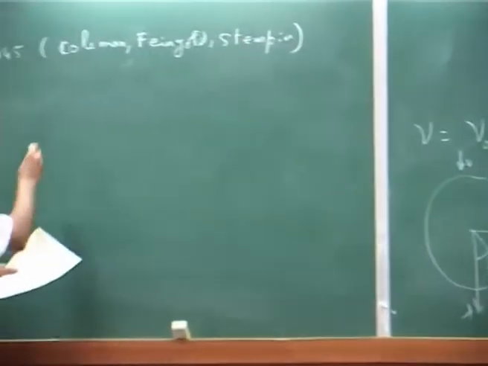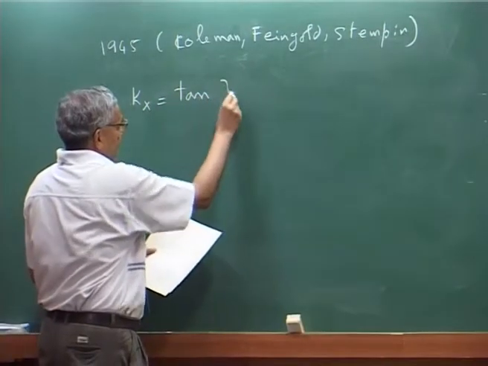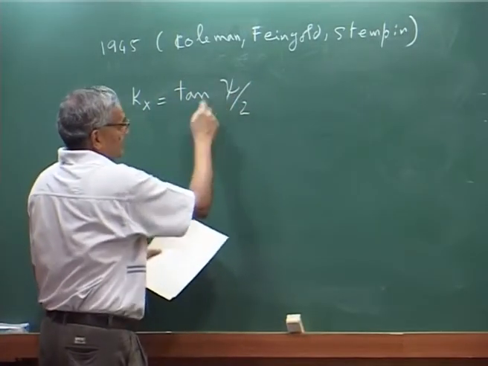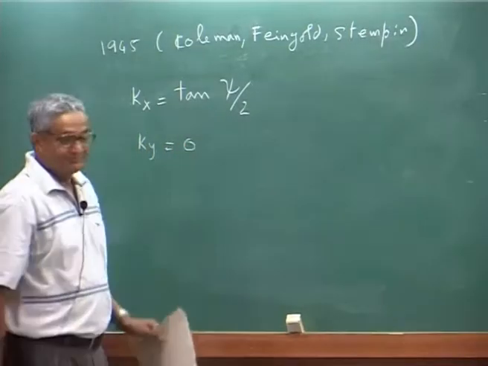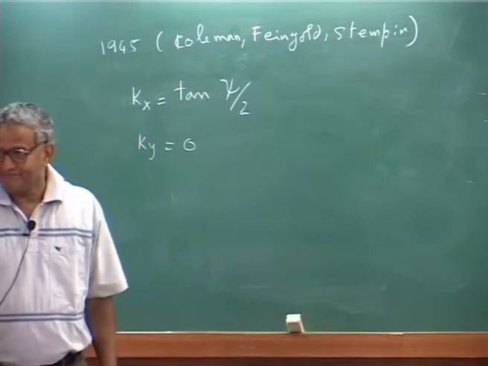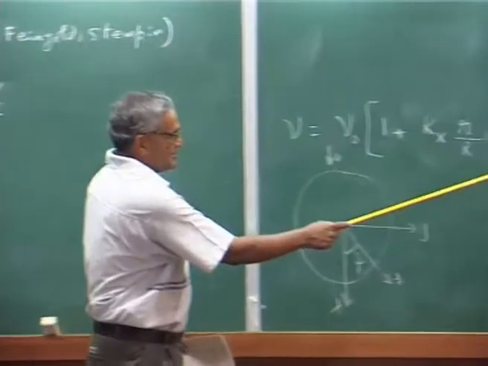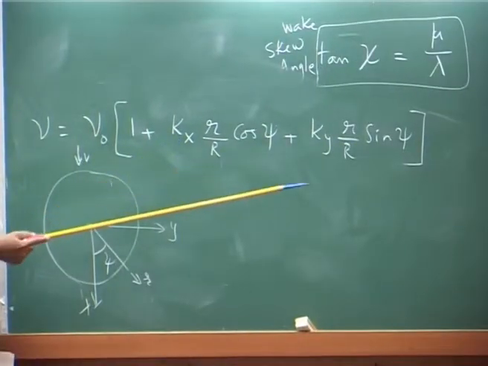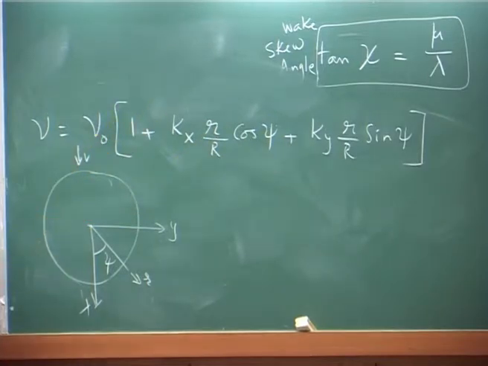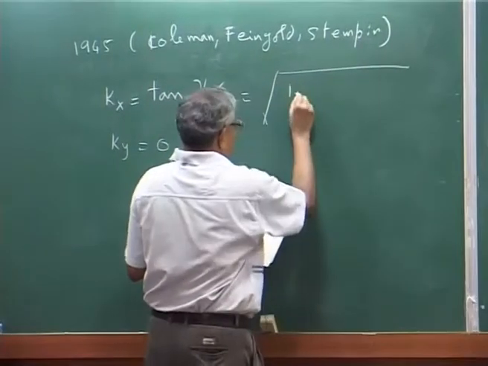He obtained kx. Please understand this is tan chi by 2 and ky is 0. That means this term is not there, only this term is there, and this is given directly in terms of chi by 2, okay, which is also given by this, you prove.